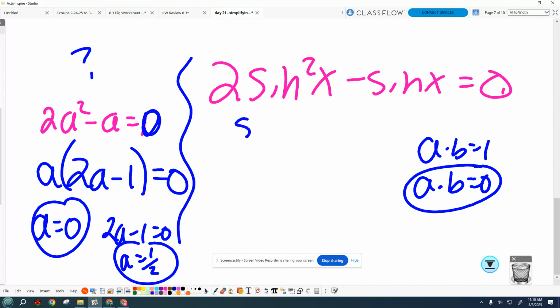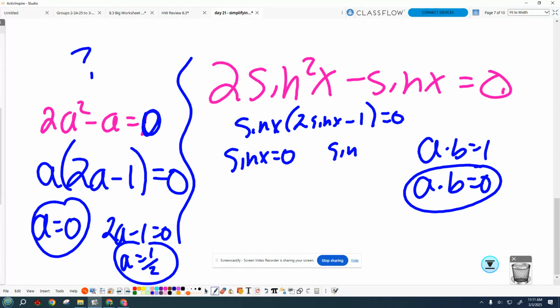Here, I would factor sine out. And I would get answers anywhere that sine is 0 or anywhere that sine is a half. And now I need to do the trig inverse and say, oh, maybe I want the infinite number of answers, all of the pi's: 0, pi, 2 pi, 3 pi, 4 pi, on up, negative pi, negative 2 pi, negative 3 pi, all those.